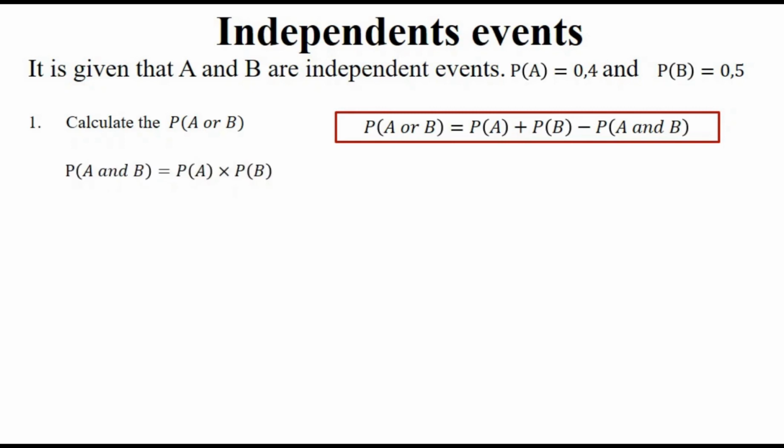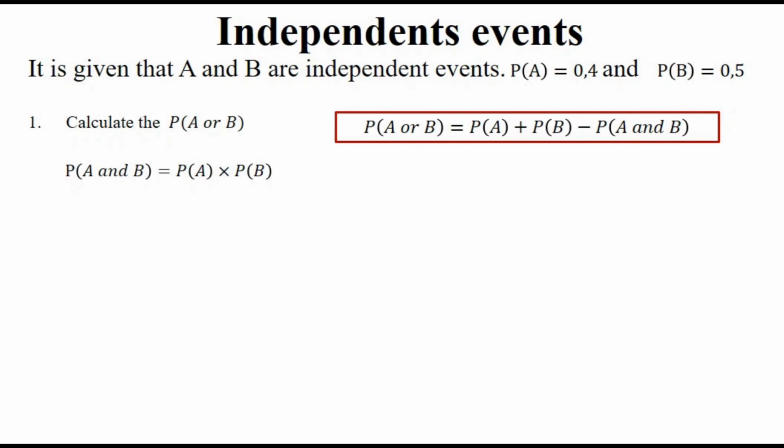Let's move on. The probability of A and B is equal to the probability of A multiplied by the probability of B. And remember that in the statement, the probability of A is given and that of B is given.